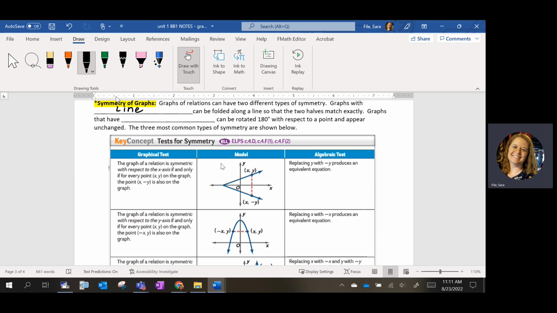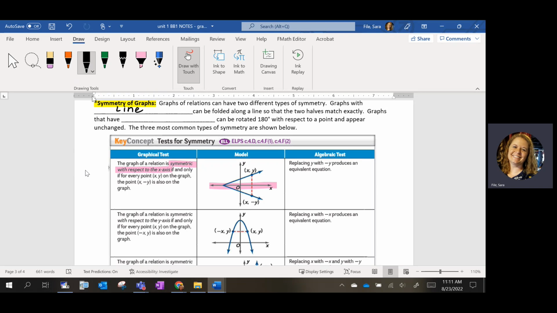So what line for this first model could I fold this over for all those points to match up? Yeah, the x-axis. So the x-axis is a line. If I can fold it over the x-axis and everything matches up, I would say that this is symmetric with respect to the x-axis, or you may hear it as symmetric about the x-axis.